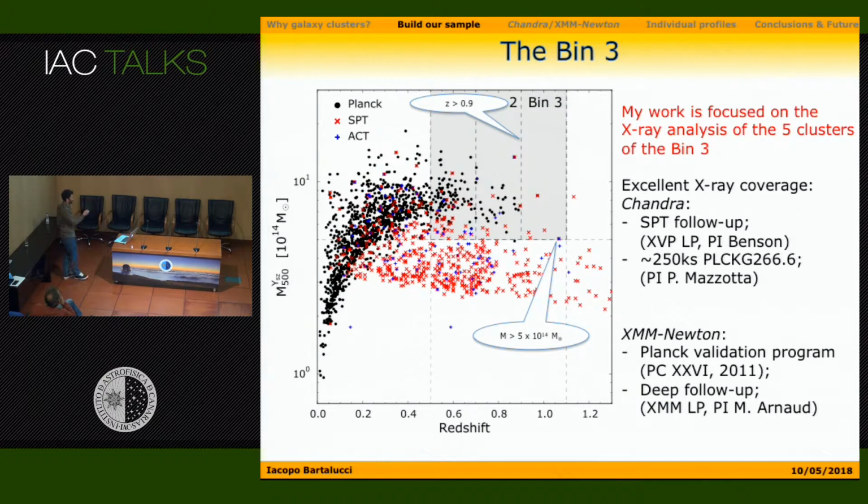We have both Chandra and XMM-Newton coverage, for example from the SPT follow-up observation of individual objects. Also, we have some XMM-Newton deep coverage led by Monique Arnaud, and also a validation program. So you see that we selected these objects with good coverage.